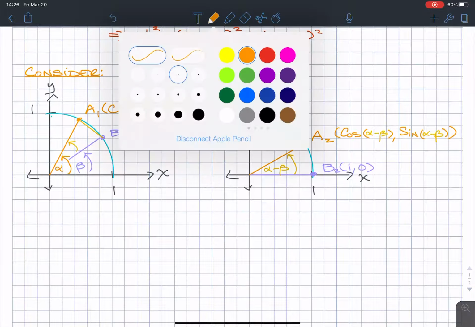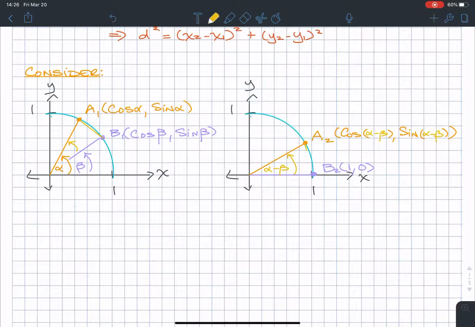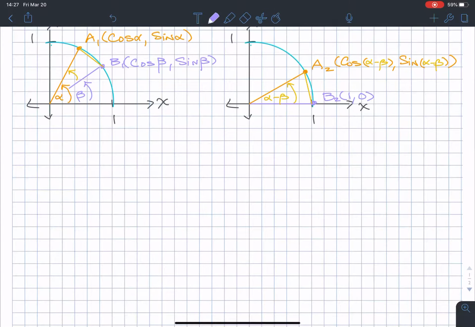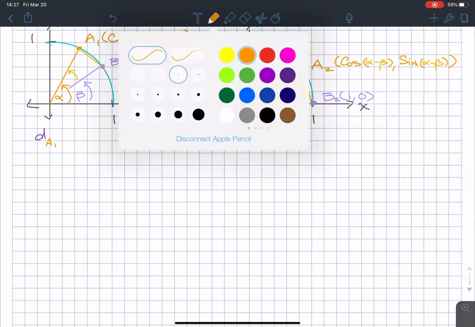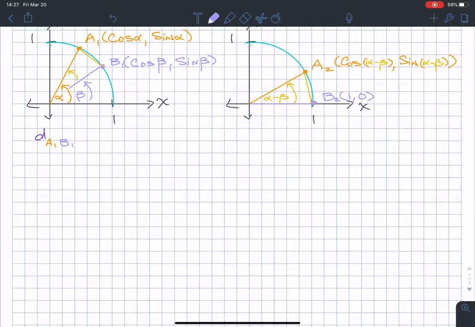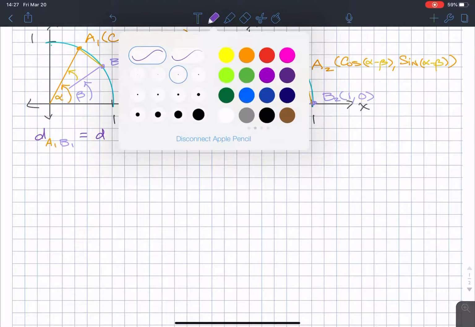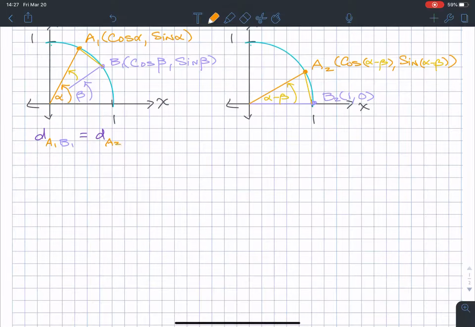Okay, but notice, is the distance between the 2 points any different? And I claim that it's not. So I claim that the distance from point A1 to point B1 is exactly the same as the distance from point A2 to point B2, because all I've done is rotate them and I haven't changed the distance between them.